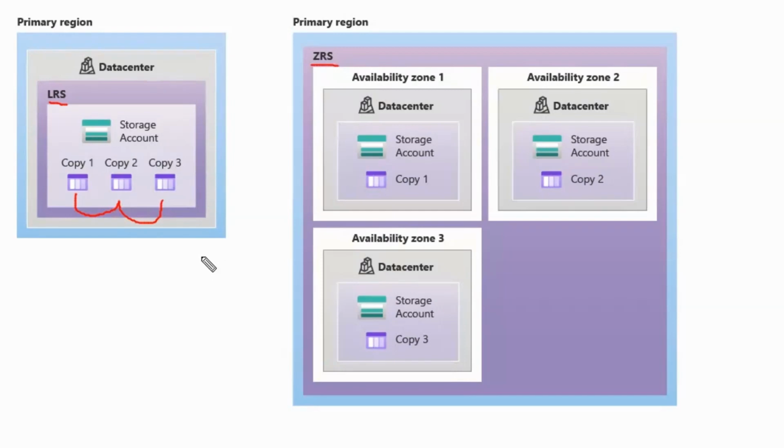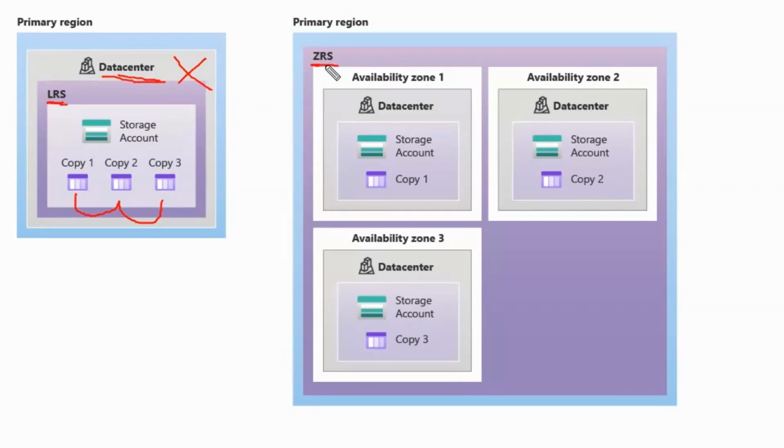And the second requirement in the question is it should remain available if single data center in the region fails. However, in LRS replication setting, all the data are residing in the single data center. So in the event of data center failure, we would not have any copy available. So this choice is incorrect for this question.